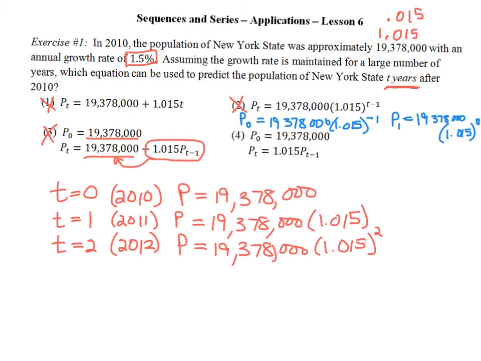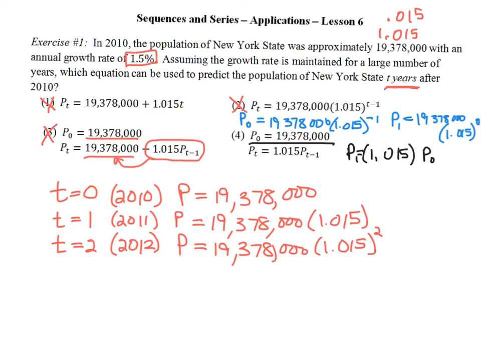Let's see why choice number 4 does work. If I've got my original population as my 19 million, and then any subsequent population, so for example, let's try the next one. P1 would be 1.015 times the original population. So that seems to make sense.